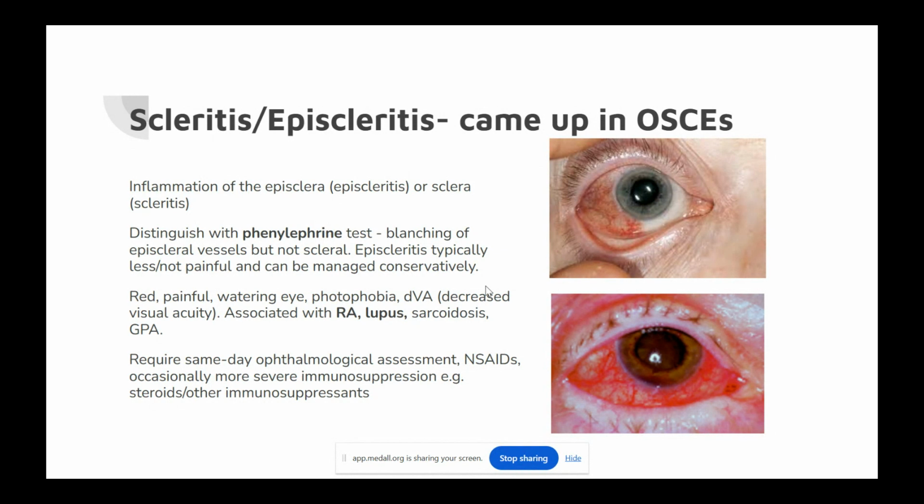And obviously, because they can both present very similarly, if you're unsure between both of them, just send them for urgent ophthalmological assessment to make sure you rule out scleritis. And then, as with most inflammation, you'd give NSAIDs, and if needed, you can give immunosuppressants.